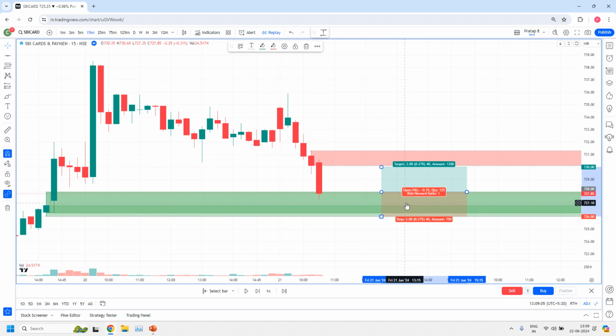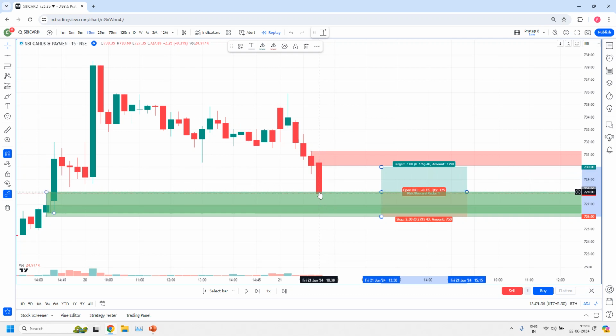Do we accept 1:1 RR? No. You have to reject the trade. But now people will argue. How will they argue? By the time the candle reaches this entry, the candle is not completed, I repeat, the candle is not completed.